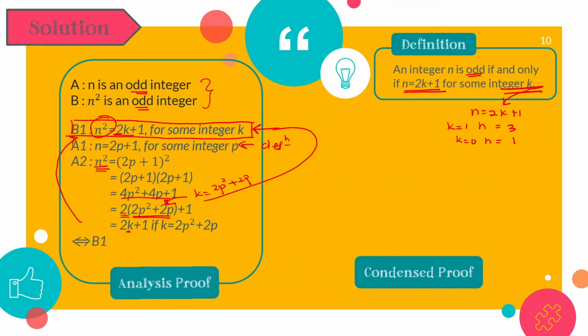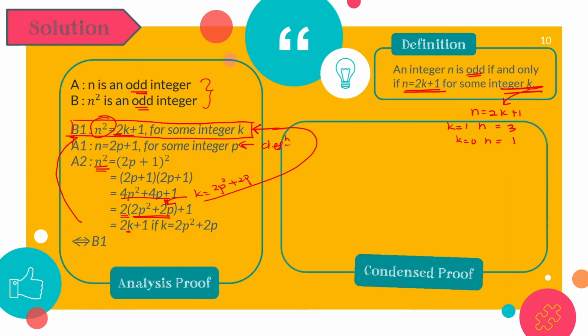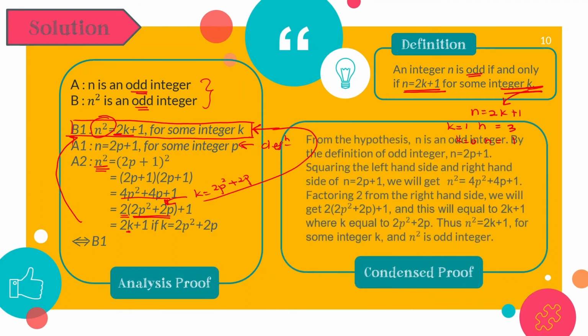And let's look at the condensed proof. The condensed proof is what you write from the analysis proof. So from the hypothesis, let me erase some here to make the view clear.